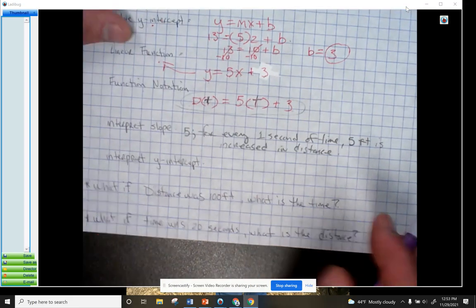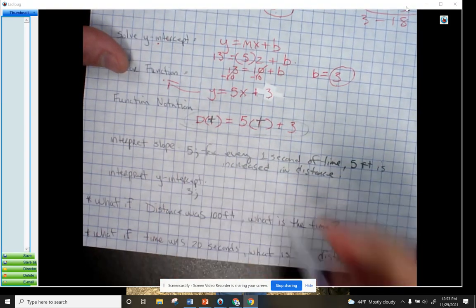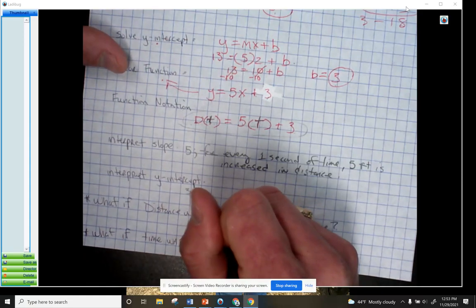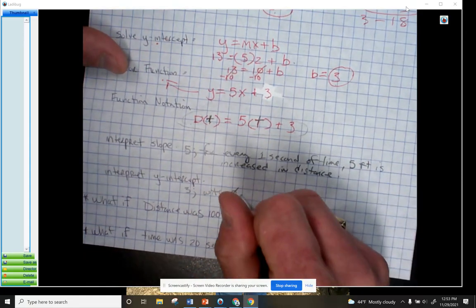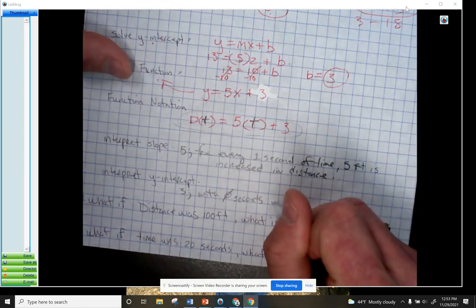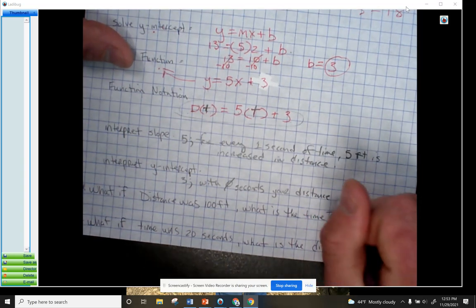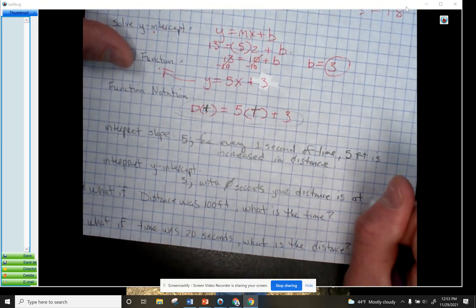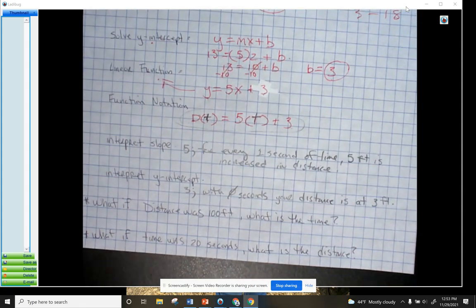Where are we passing the y-axis? We're passing at 3, which is saying with 0 seconds, your distance is at 3 feet.